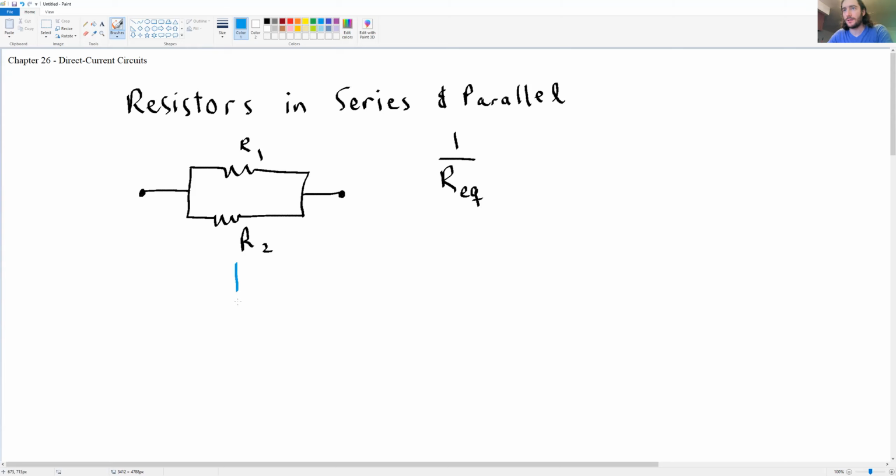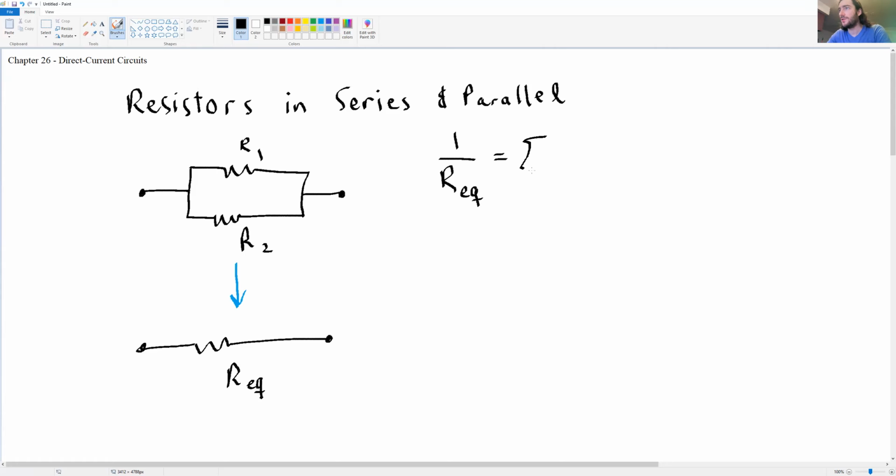We'll try to keep things color coded here. So replace these two resistors with an equivalent resistor, which looks like this. It has resistance Req, and the relationship between Req and R1 and R2 is given in terms of reciprocals of the resistance. You may hear the reciprocals of resistances referred to as conductances.